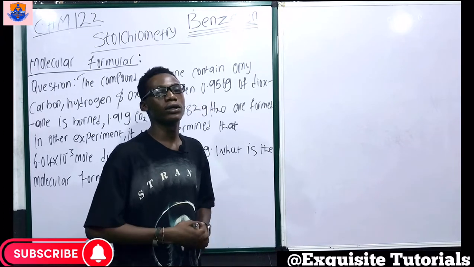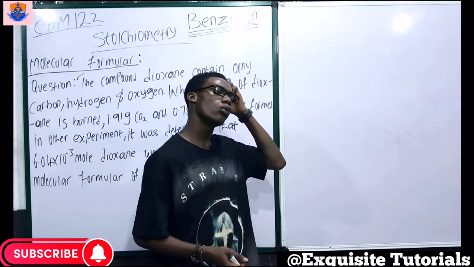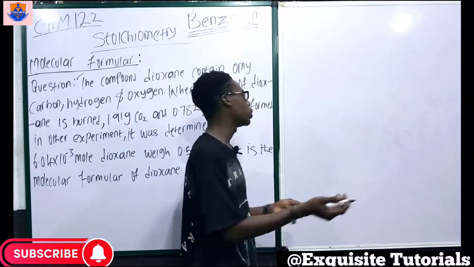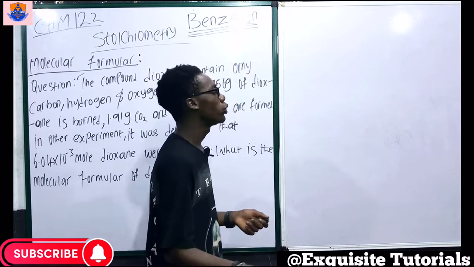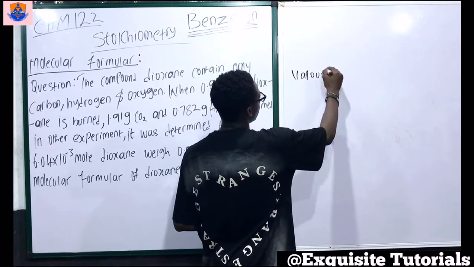All right, so there are some questions under molecular formula where they give you the parameters, they give you what you want, and then they'll give you the weight of the compound directly, or they'll give you the vapor density.